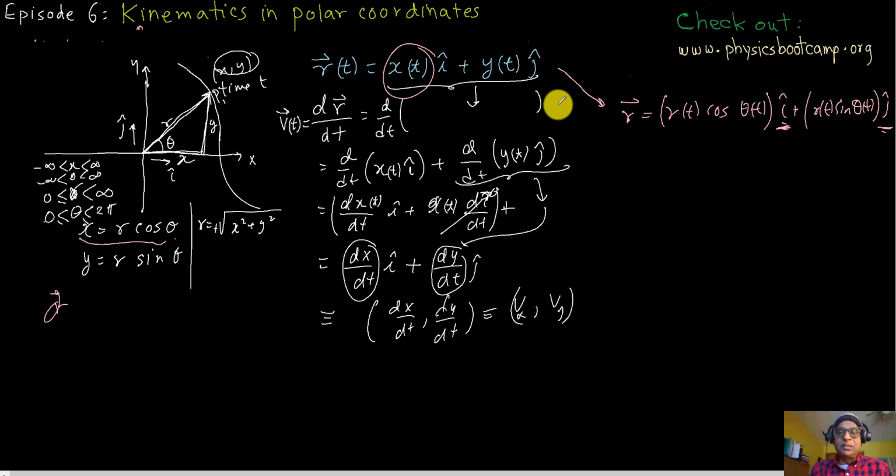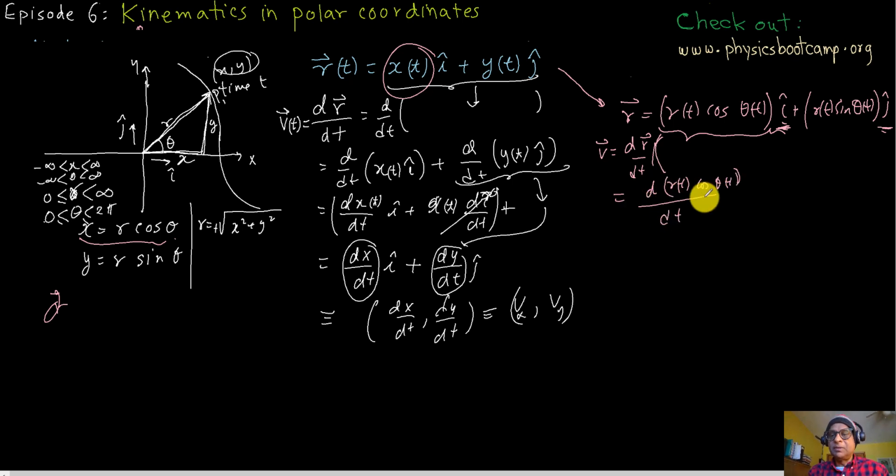So if I go to the velocity, the velocity will be dr/dt. We already know that there will be the derivative of the x and i hat, and carrying it all the way, it's going to turn out to be d/dt of r cosine theta, with i hat, and similarly for that side.